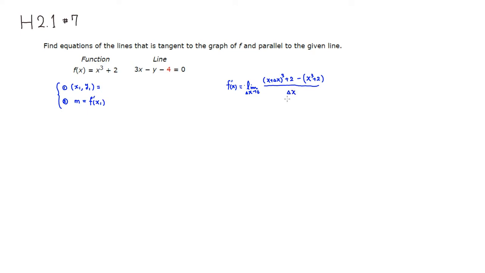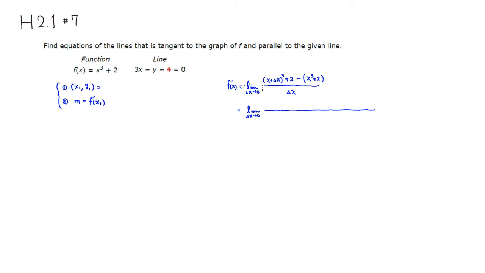Then we just have to multiply all out, so we have the limit as delta x approaches 0, which we'll do later.